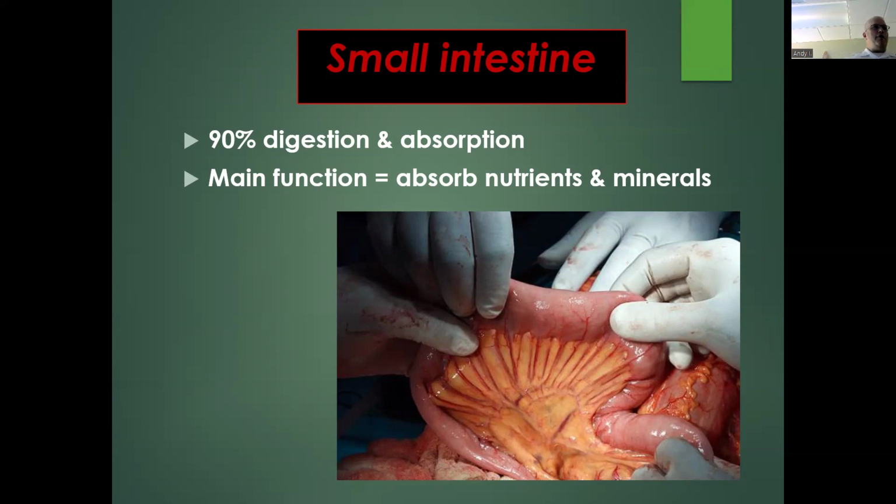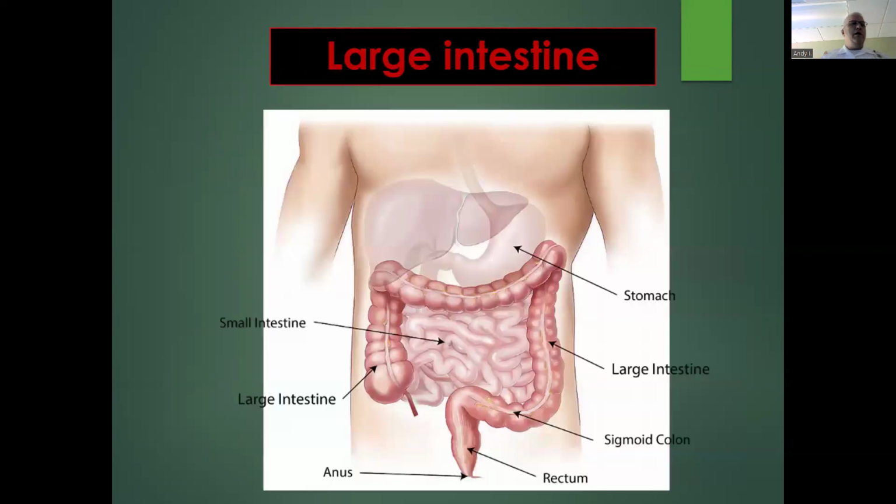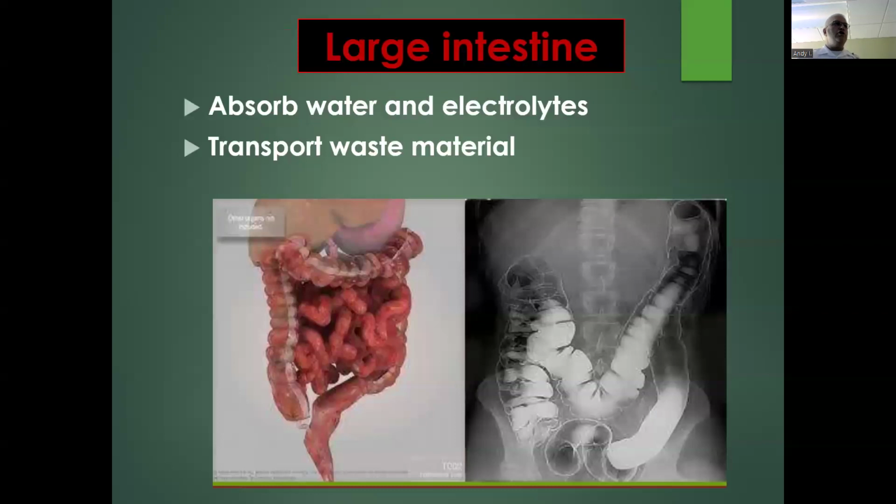So remember, main function, absorbing nutrients and minerals. Then it moves down into the large intestine. The main function of the large intestine is to absorb water and electrolytes. This isn't a process where we stop here and totally finish in the small intestine, then move everything down to the large intestine.